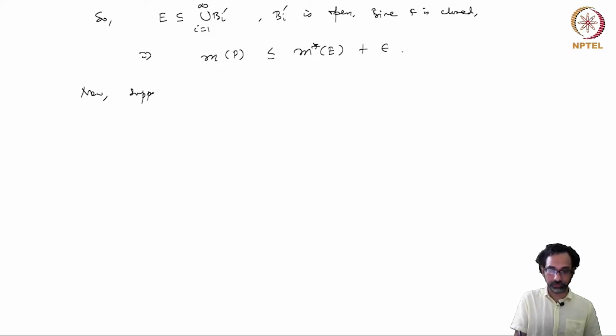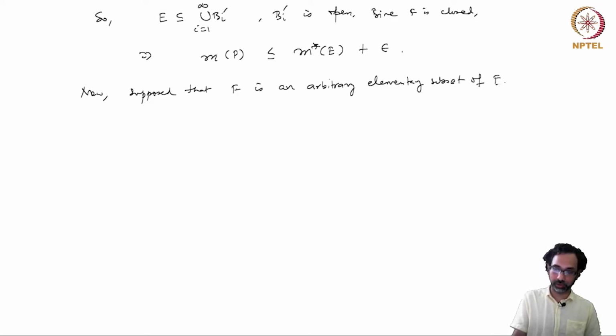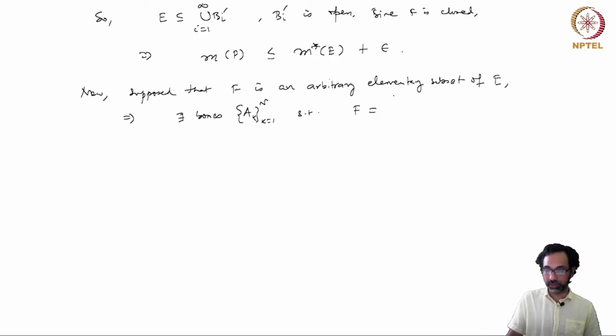Now suppose that F is an arbitrary elementary subset of E. So this implies that there exist boxes, let me write this as Ak, k equal to 1 to capital N, such that F is equal to the union of these Ak, k equal to 1 to N. We can also assume that these boxes are disjoint.